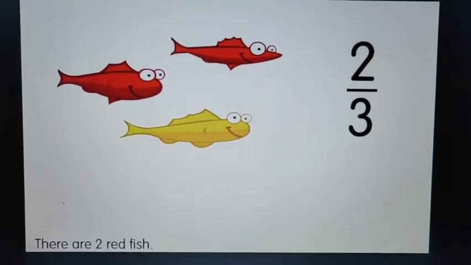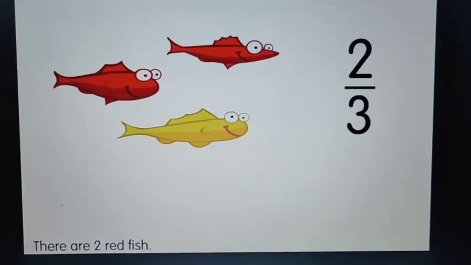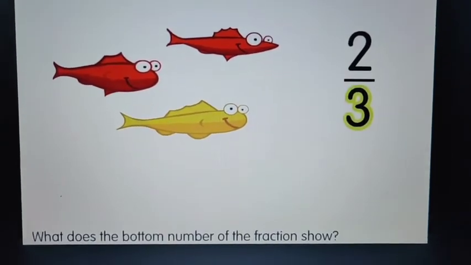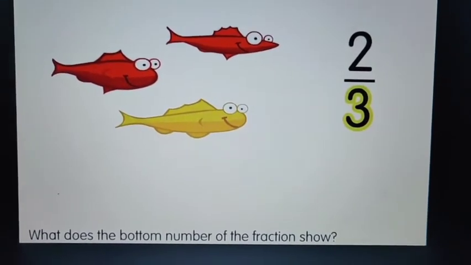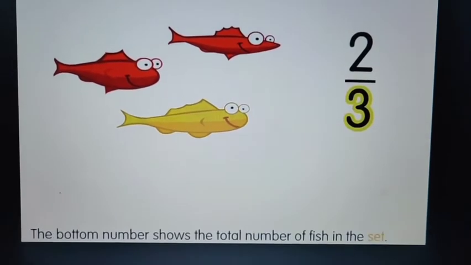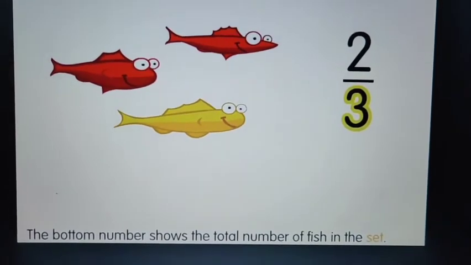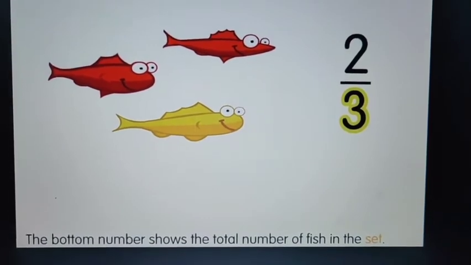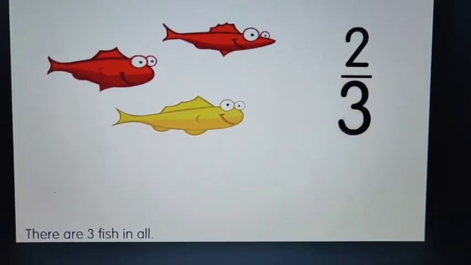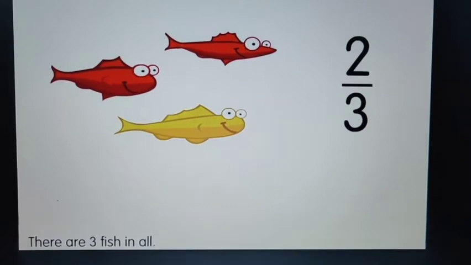There are 2 red fish. What does the bottom number of the fraction show? The bottom number shows the total number of fish in the set. There are 3 fish in all.